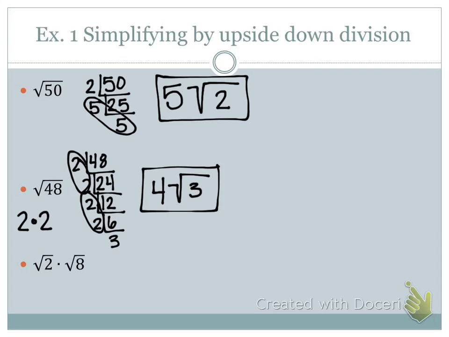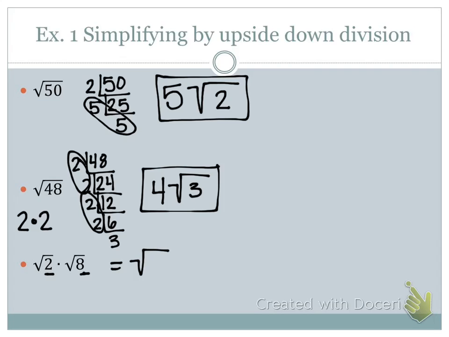All right? Now I've got the square root of 2 times the square root of 8. Instead of sitting here and going, okay, I'm going to need to do upside down division on these, which I really can't do on 2 because 2 is a prime number. What I would suggest is that anytime you have two radicals being multiplied, you multiply the numbers together and keep the radical sign.